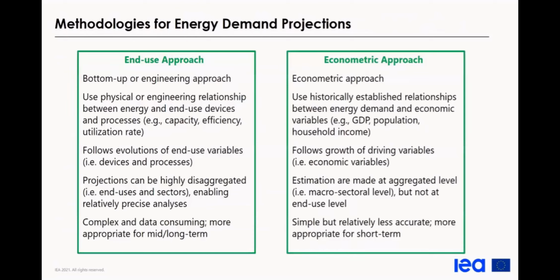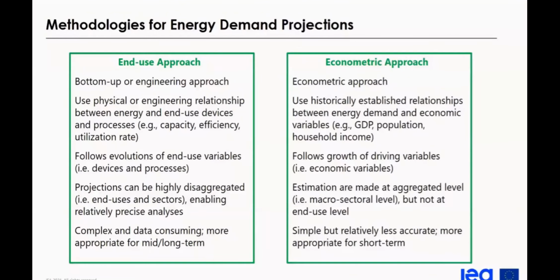How can we make projections on the future of energy demand? There are two main methodologies, and the first approach is on end use. It's a bottom-up or an engineering approach. Here, the idea is to use a physical relationship between energy and the end use devices, the processes, the services.